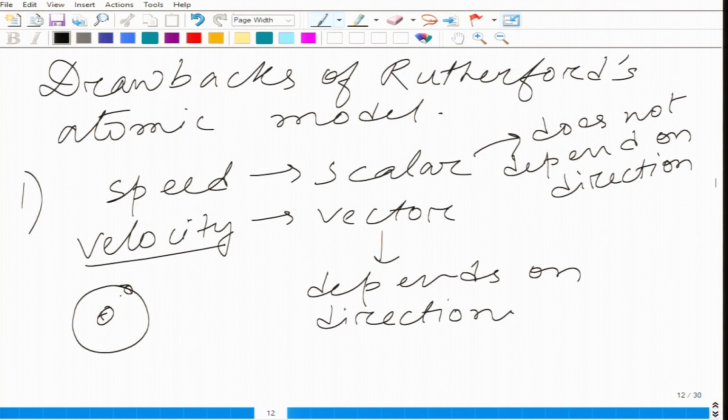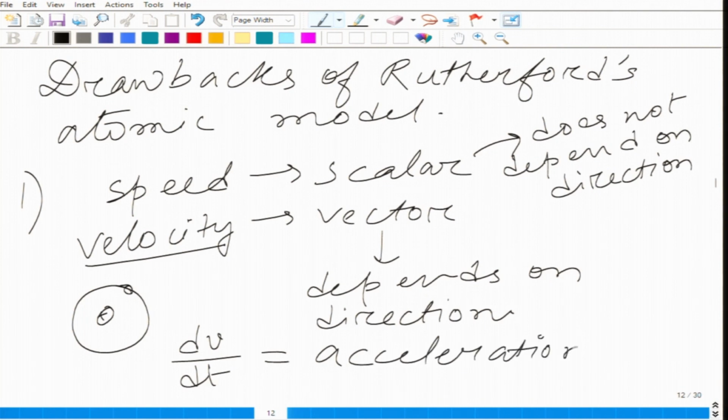The rate of change of velocity, dv/dt, is acceleration.